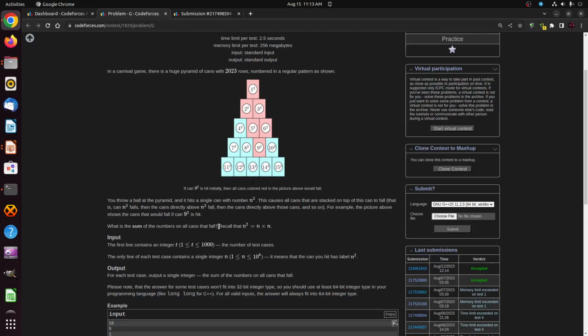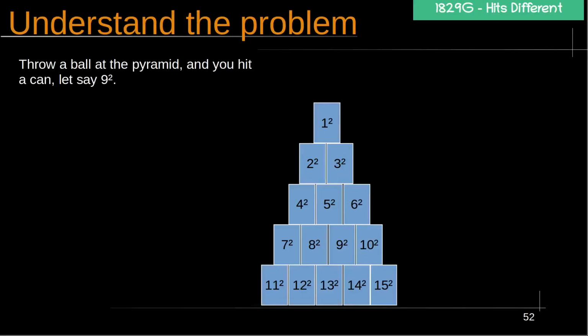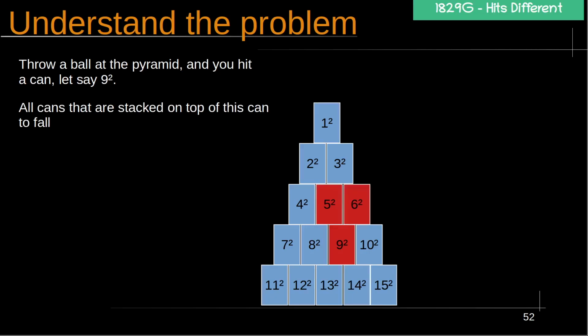Okay. If I take the same example here, if I hit 9 squared, the cans above 9 squared will fall, and the cans above these cans also fall, and so on until can number 1 is the end.